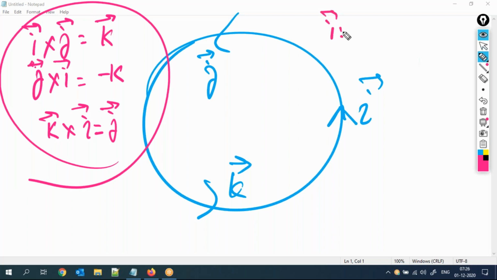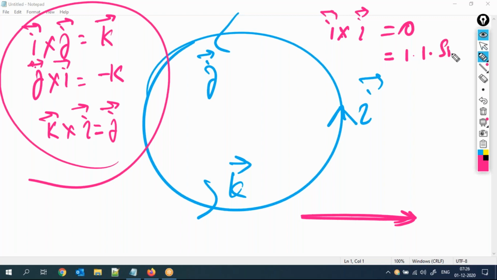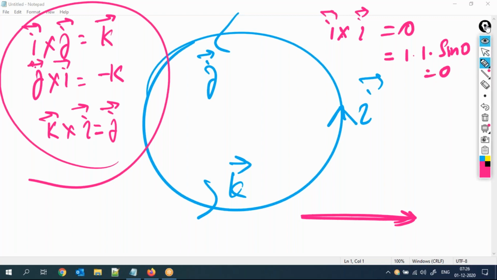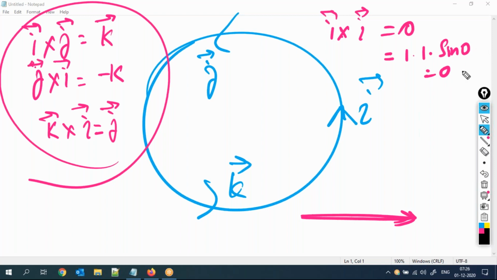But what will be i cross i? Remember that suppose I draw this and I draw this, what will be the area? It will be 0. Yes or no? You can check it. i is 1, i is 1, and sine 0 is equal to 0. It is still parallel to i.